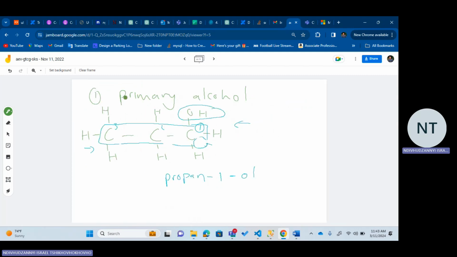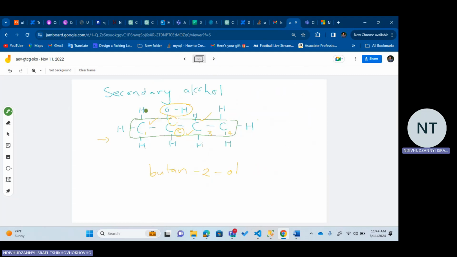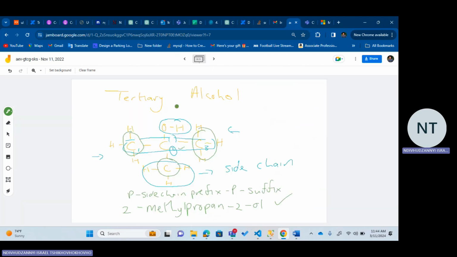The first one is primary alcohol, in which the C atom bonded to OH is bonded to one C atom. Then the secondary alcohol, the C atom bonded to OH is in between two carbons. Then for tertiary alcohol, the C atom bonded to OH is in between three C atoms.